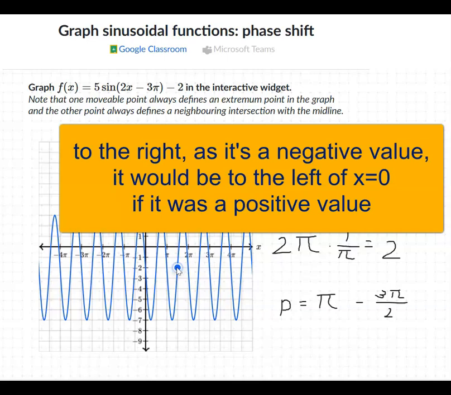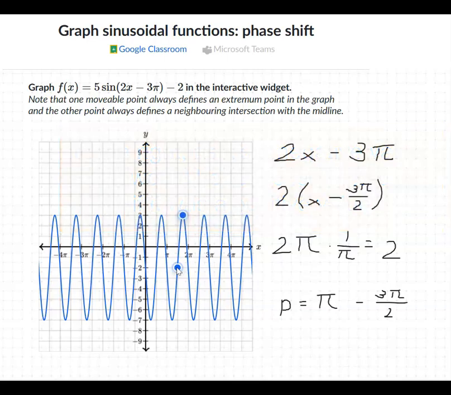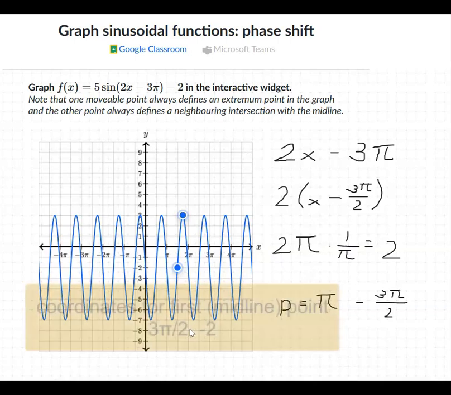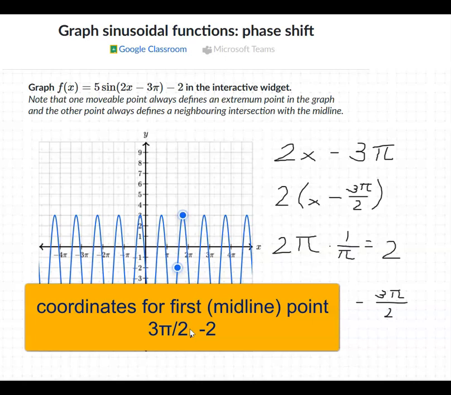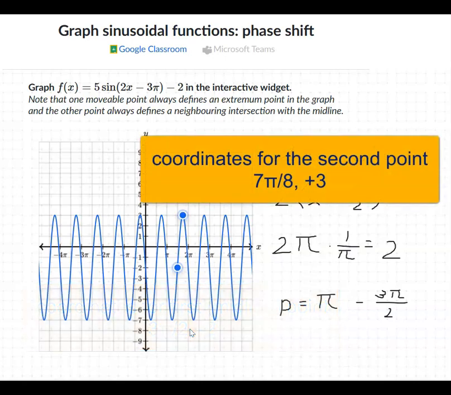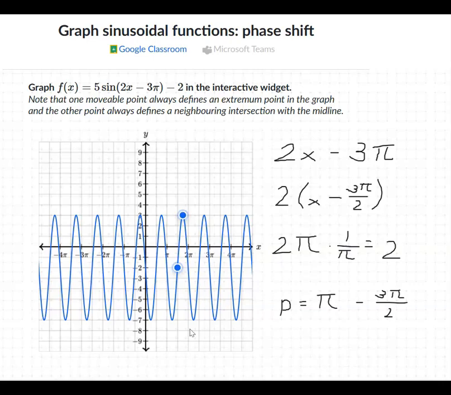If it was plus 3 pi over 2, we'd be talking about going to the left. So our coordinates for the first point are 3 pi over 2 and negative 2 on the y-axis. Coordinates for the second point would be 7 pi over 8 and positive 3 for the y-axis.